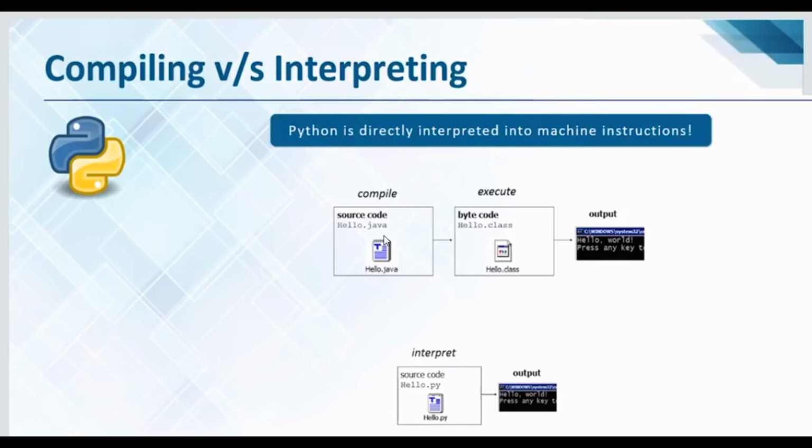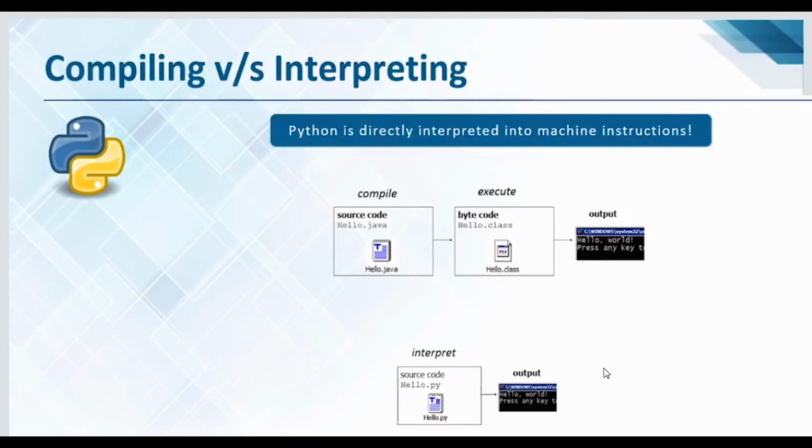In the Java case, hello.java is the code. After compilation it turns into bytecode, the executable hello.class, and then the output is generated by the system. Whereas in Python, the source code is directly interpreted and gives you output. So Python is fast, easy to understand, and helpful.